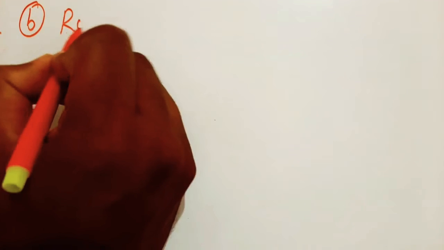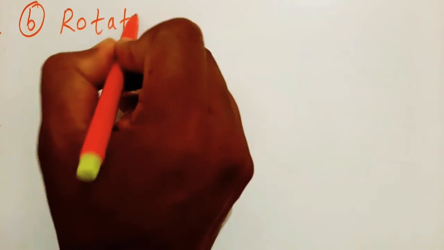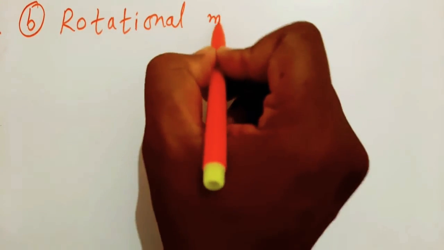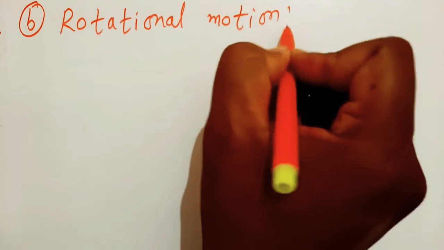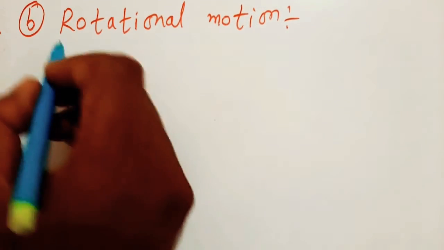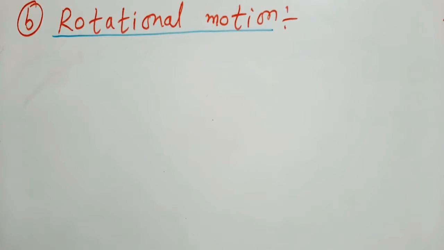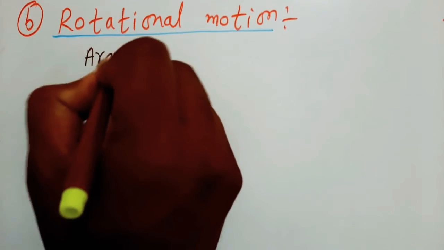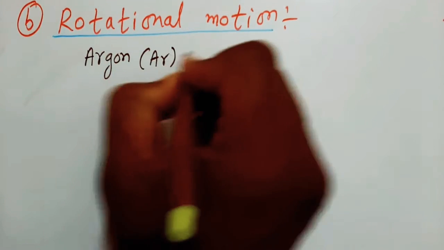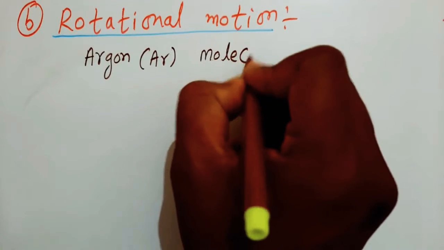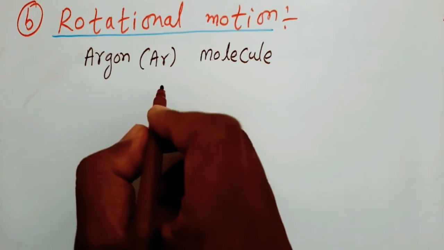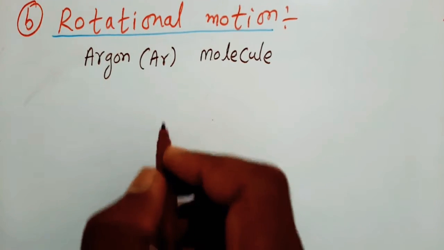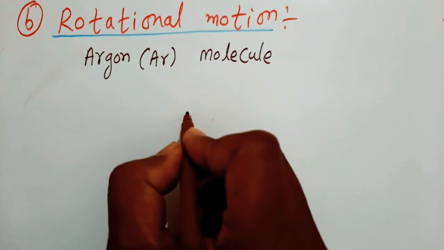The second one is rotational motion. Let us consider an argon molecule. It is a monoatomic molecule like a globe or a top.